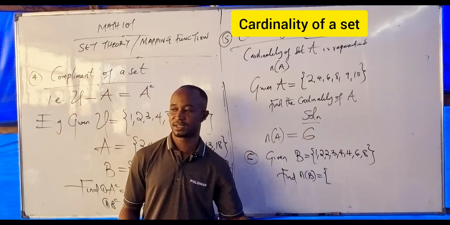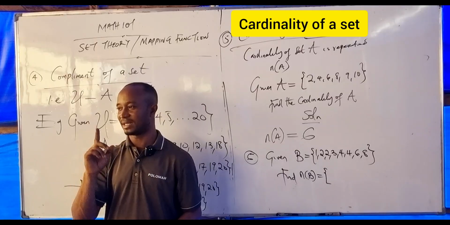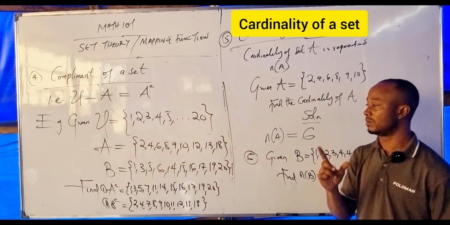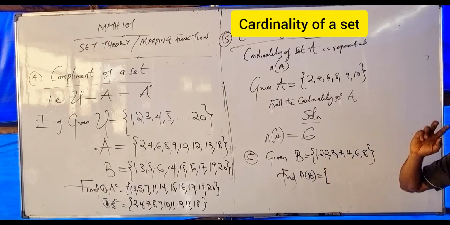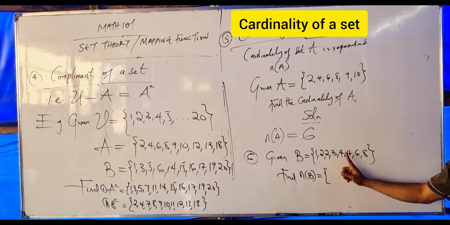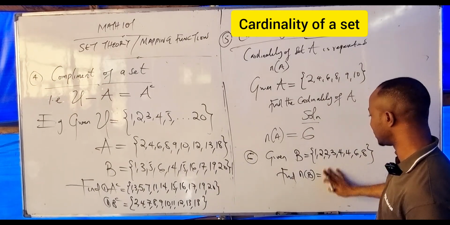Okay, wait again. 6. Which one is the correct one? In a set, we don't repeat an element. When an element appears twice, take it as what? As 1. So let's count 1, 2, 3, 4, 5, and 6. Are you there?